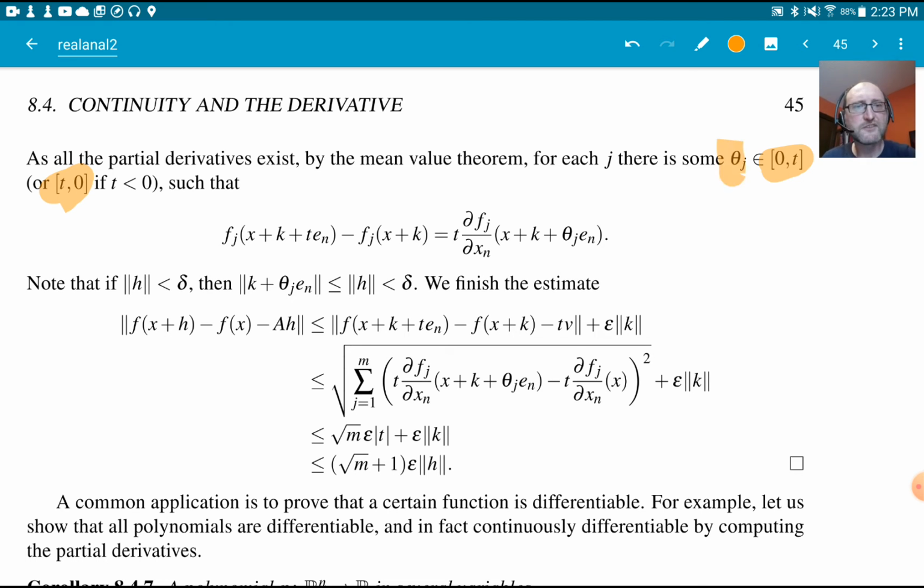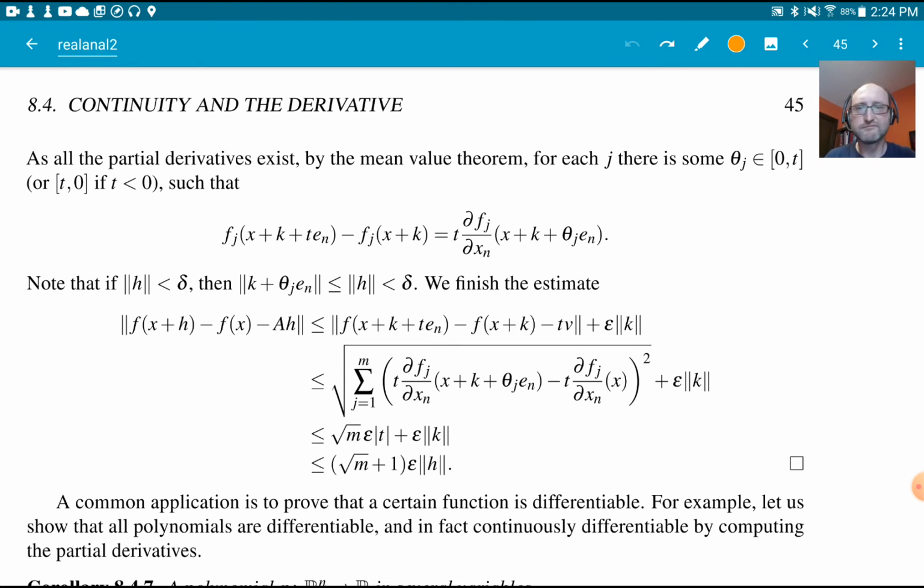So there exists some, I'm just going to call it theta j, and for each j, I get a different theta j, such that this difference, the guy I had in the previous estimate on the previous page, I can write as equal to t times the length of this interval, the b minus a from the mean value theorem, times the derivative I get when moving in the nth direction, the partial derivative with respect to xn, evaluated at this theta j. So that's just the mean value theorem.